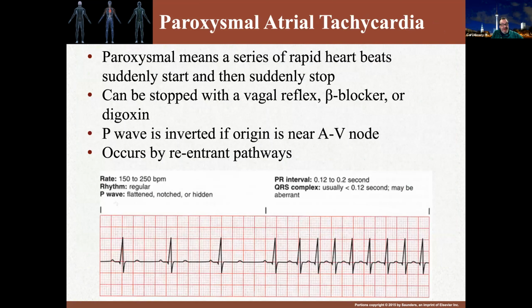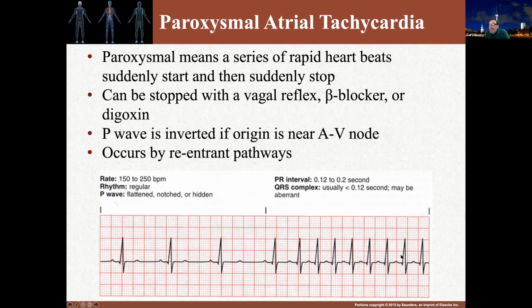Paroxysmal atrial tachycardia. Paroxysmal means a series of very rapid heartbeats that suddenly starts and then suddenly stops. This faked tracing here shows you a normal rate here, and then suddenly we get this tachycardic event occurring here.